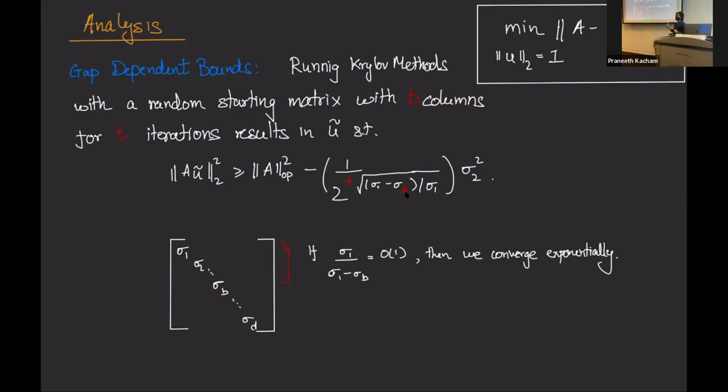Now, in the worst case, this gap could be unbounded. This gap could be exponential in the dimension. I can cook up instances where this gap is exponential in d even. So this guarantee isn't always useful, but we're going to see how to make good use of it. The takeaway from this slide is that if you start off with more columns, you can exploit gaps between sigma 1 and sigma B.